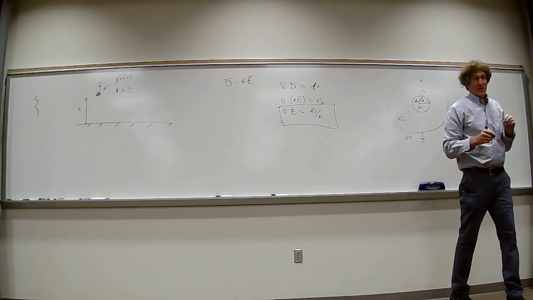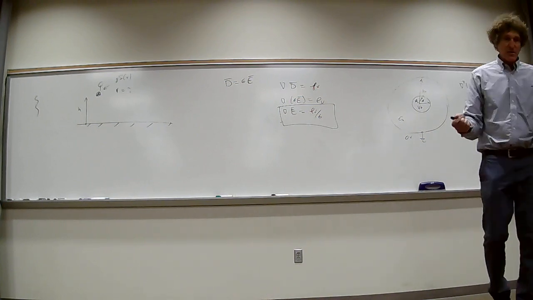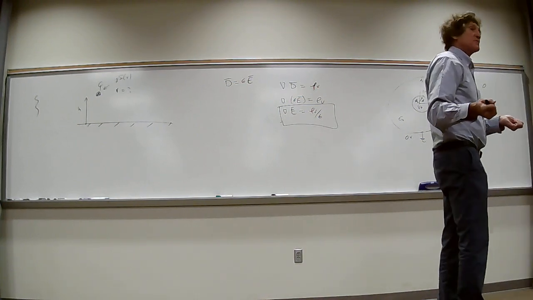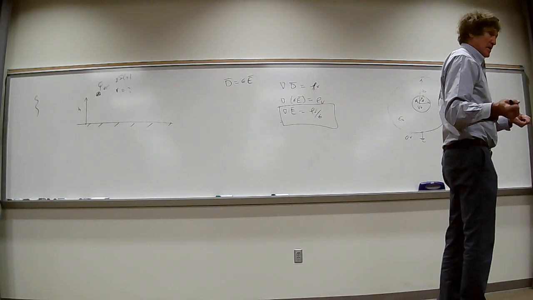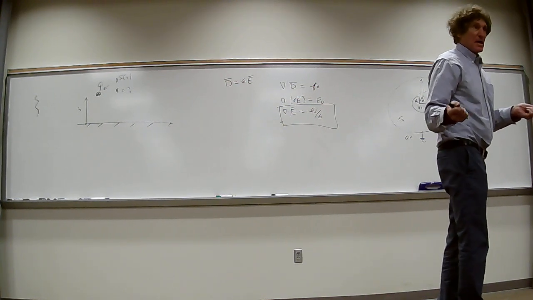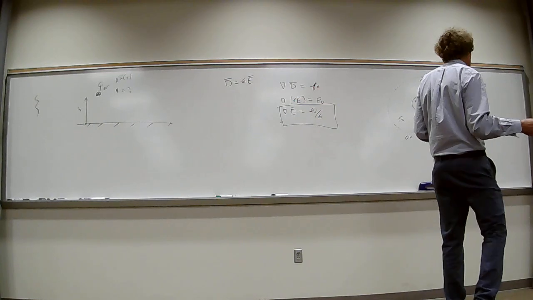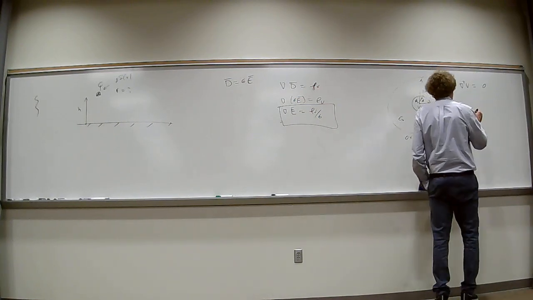Now, if you look at the back cover of your book, you're going to see a del squared spherical coordinate operator. You all with me? You have your books, guys? If you don't trust me on this one, you can take a look, tell me if I'm right or wrong.